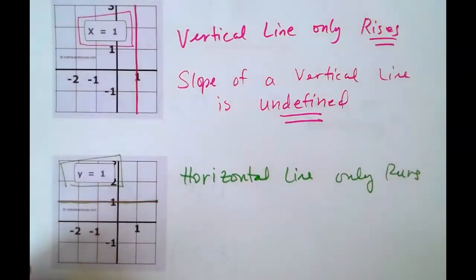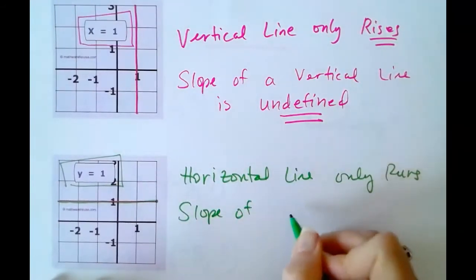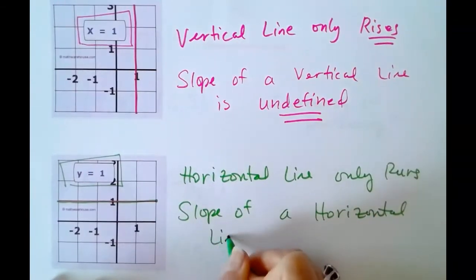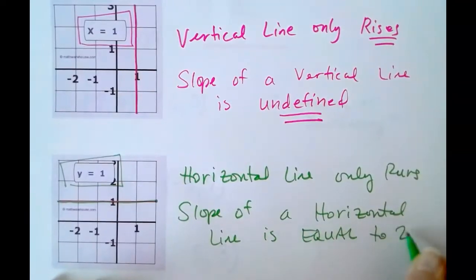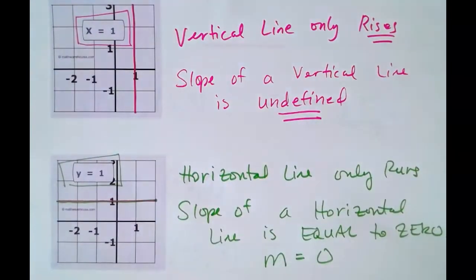So, if it only runs and never rises, the slope of a horizontal line is equal to 0. So m is 0. So on our vertical line, the slope is undefined because it only rises. On our horizontal line, the slope is equal to 0 because it only runs. There is no rise.